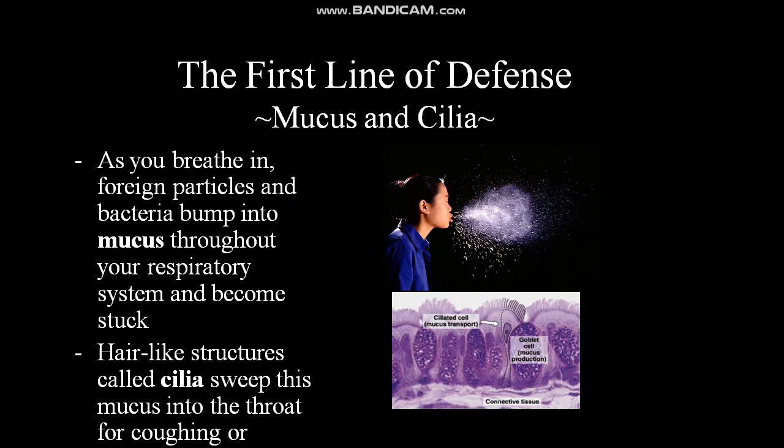The first line of defense: I have told you that as you breathe, foreign particles and bacteria bump into the mucus in your respiratory system and become stuck. Now, when you inhale a dust particle, maybe any other environmental pollutant, your body responds. When you inhale through your nasal cavity or nostrils, you can easily understand what is inside that inhaled air: various types of irritants that produce irritation.